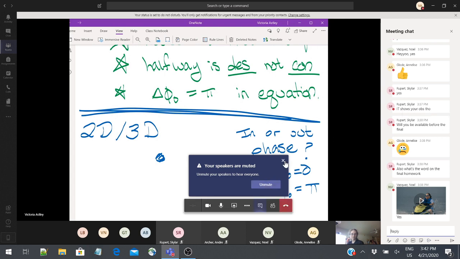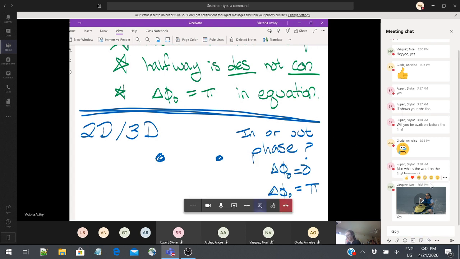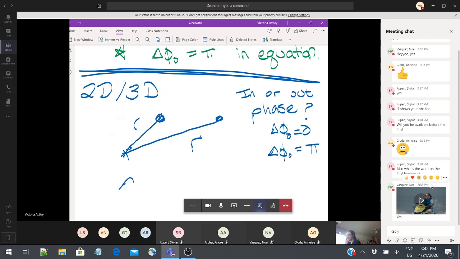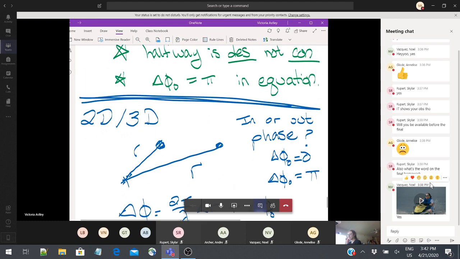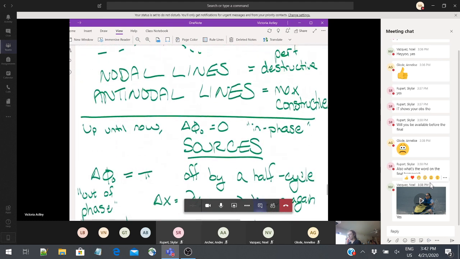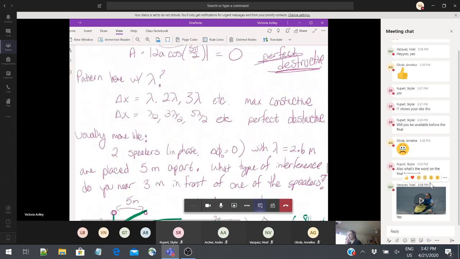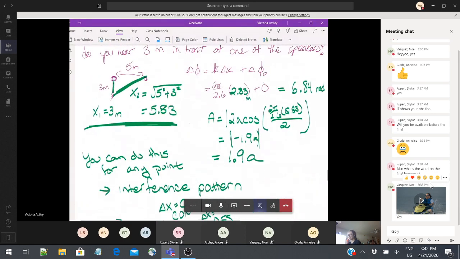And then if you want it at a particular location, you would find this distance r, and then delta phi is 2 pi over lambda times delta r or delta x, both fine. This is the same equation as the one we've been doing. I just switched x for r, and I switched k for 2 pi over lambda, right? Same as this one. Okay.